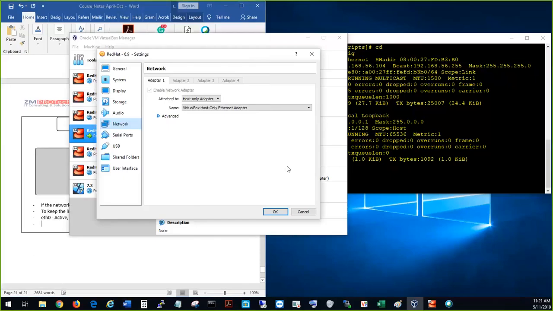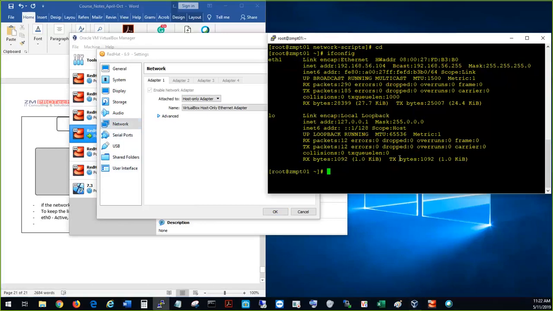Okay, exactly. All right, to simulate that, right now we have only one adapter here, right? So I'm going to add another adapter here. I think I have to shut down the host, so I'm shutting it down.